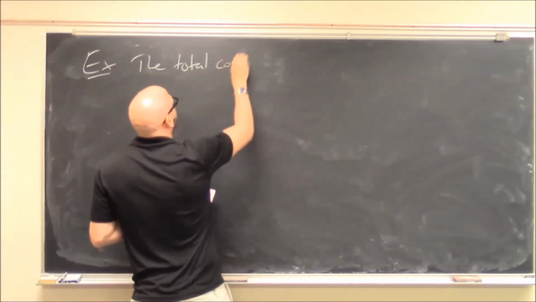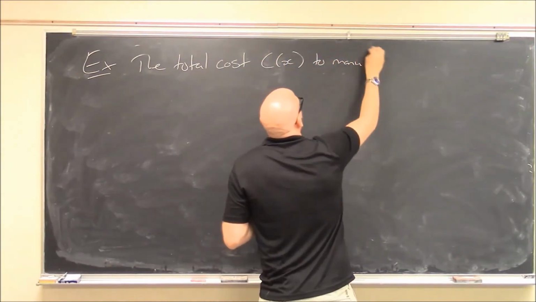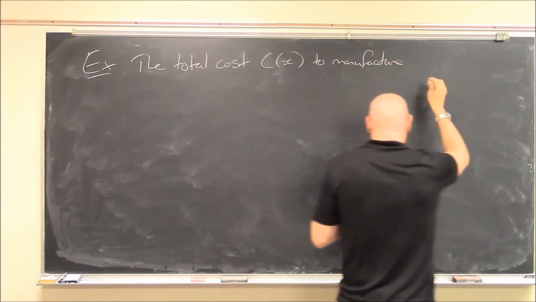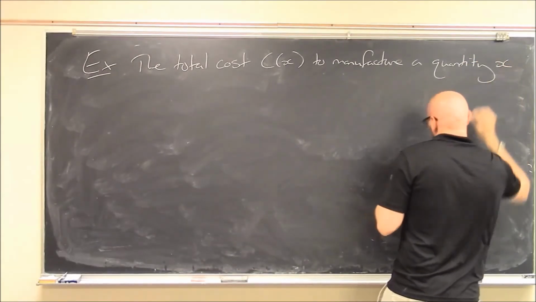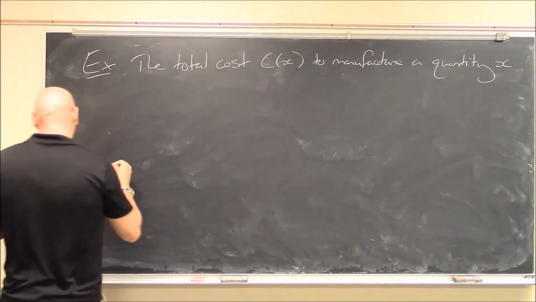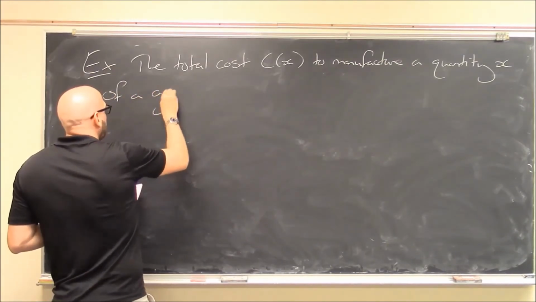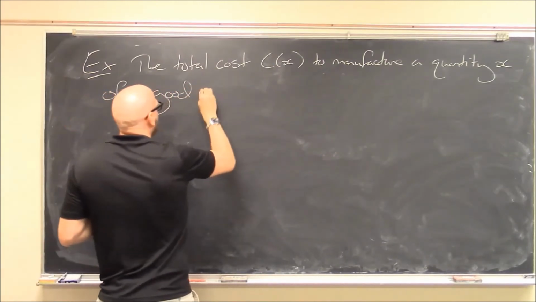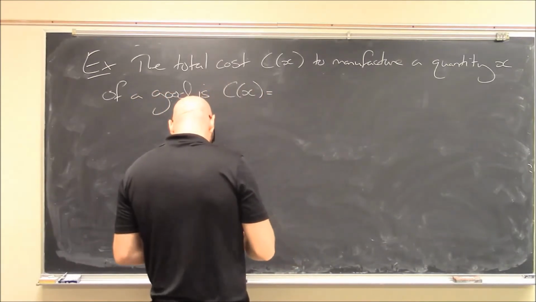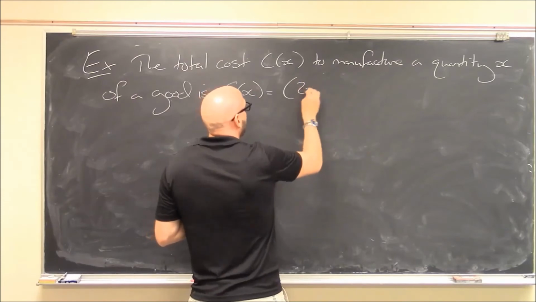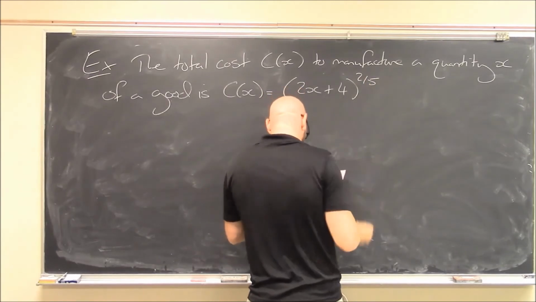The total cost, C of x, to manufacture a quantity x of a good is given by C of x equals 2x plus 4 to the 2/5.